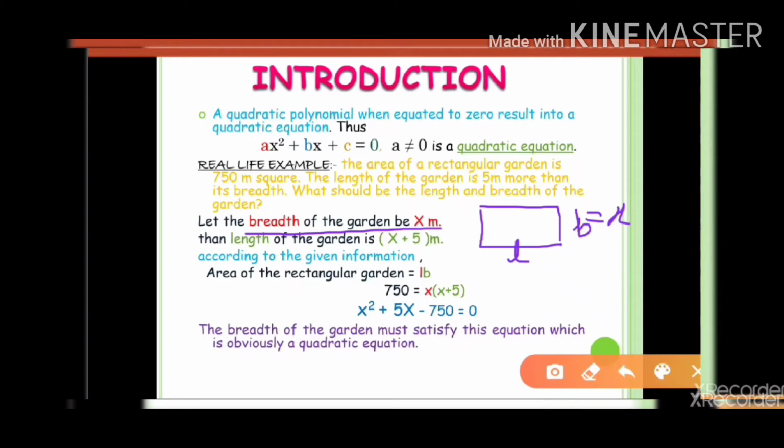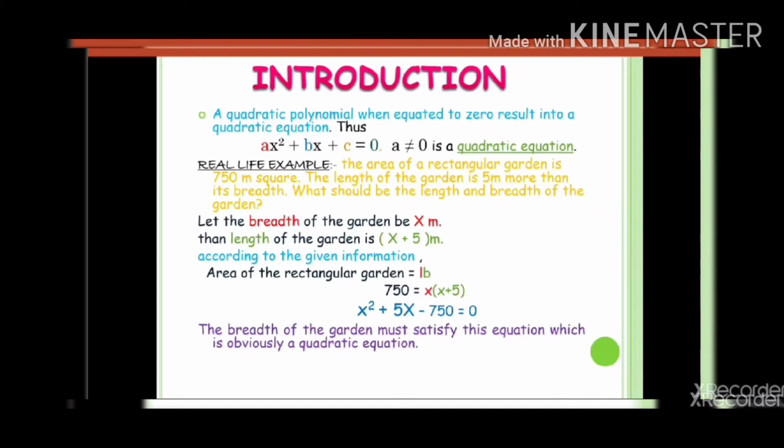It is given that length is 5 meters more than its breadth. When breadth is equal to x, then length is equal to x plus 5. And it is given that the area of the rectangular garden is 750 meter square, and we know that the area of a rectangular garden is length into breadth.